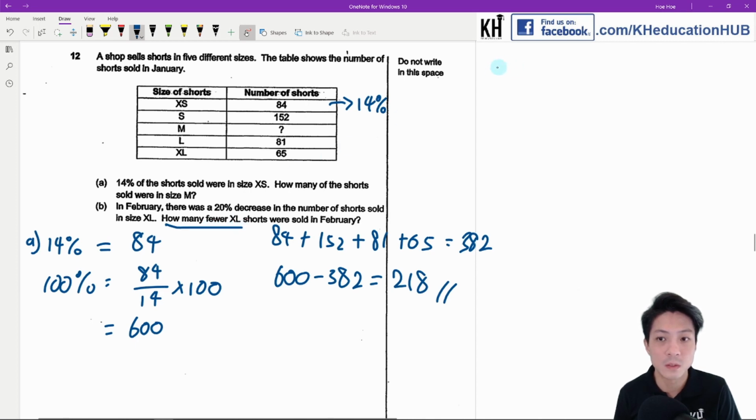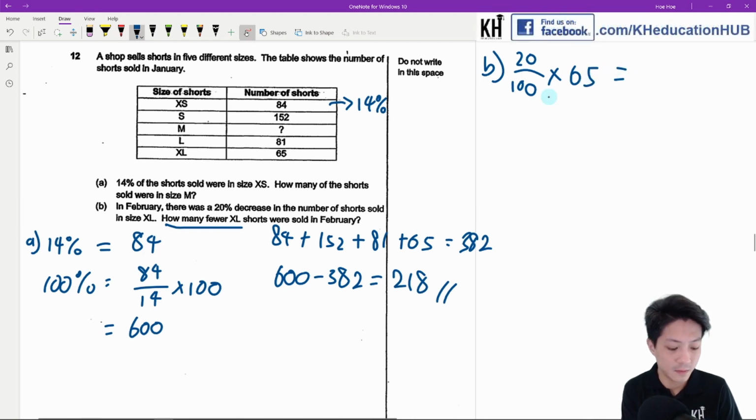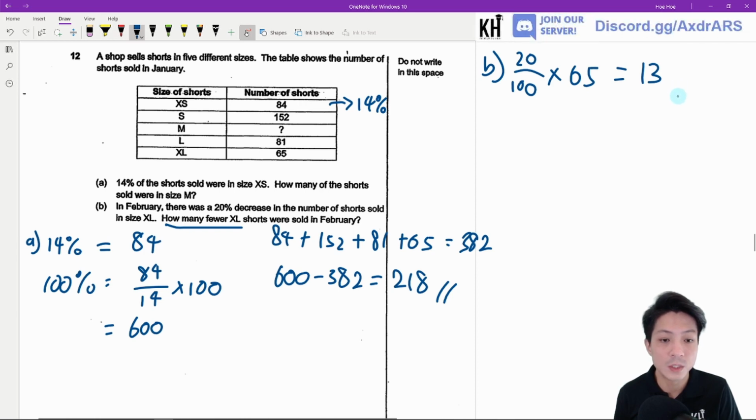Okay, so I'm gonna find what is the decrease, which is 20% of 65. Okay, so there is a decrease of 13 shorts, which means that 13 fewer XL shorts were sold in February.